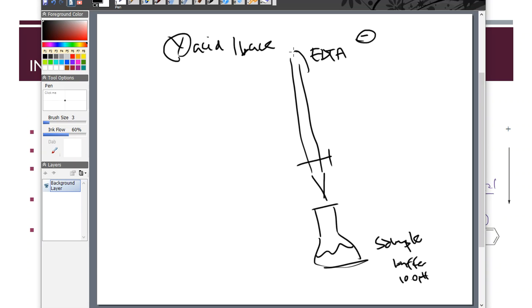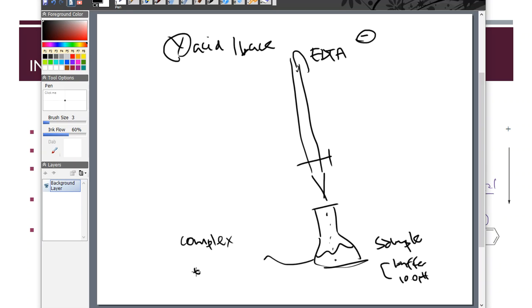So EDTA is going to go into the burette. EDTA is going to drip, drip, drip down into the beaker. This beaker is going to have my sample that does have a buffer of pH of 10, but this has nothing to do with an acid and base reaction. This has everything to do with a complex.